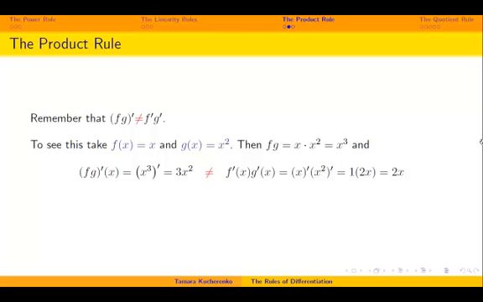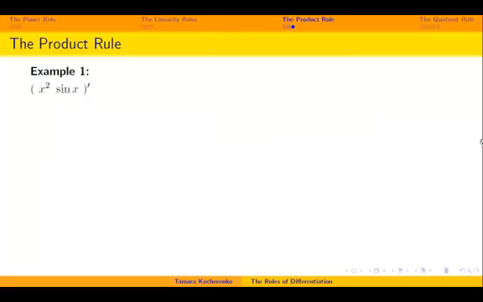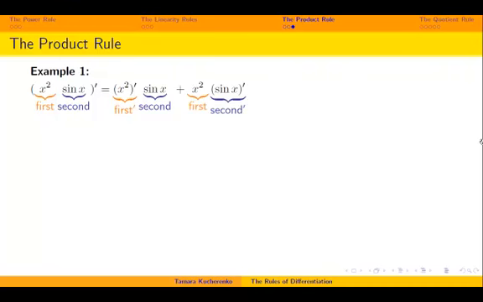We will look at 2 more examples of how the product rule is applied. First, we find the derivative of x squared sine x. The first factor of the product is x squared, and the second is sine x. By the product rule, the derivative is first prime times second plus first times second prime. Let's take derivatives.